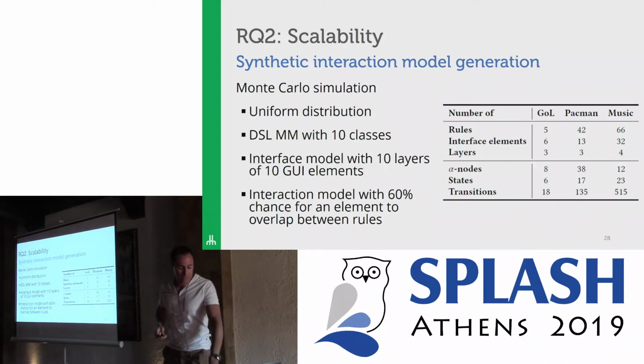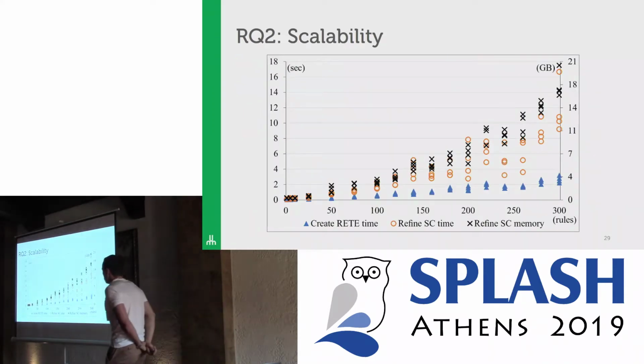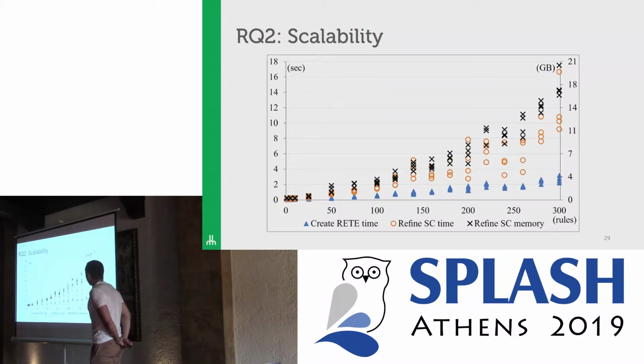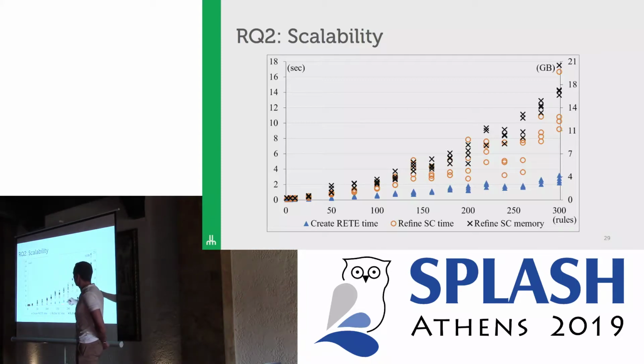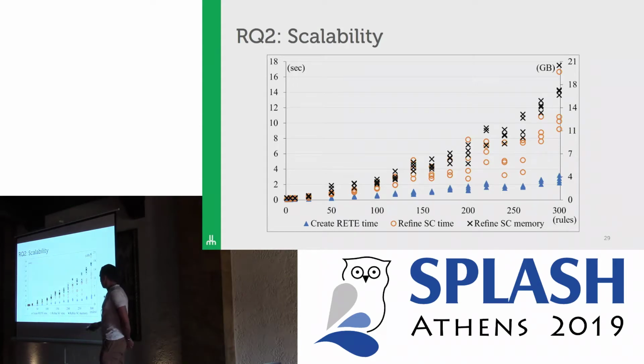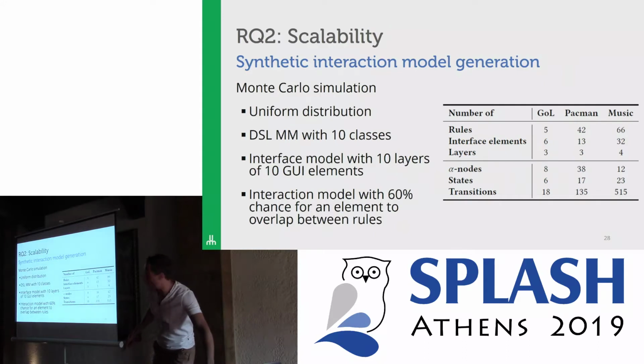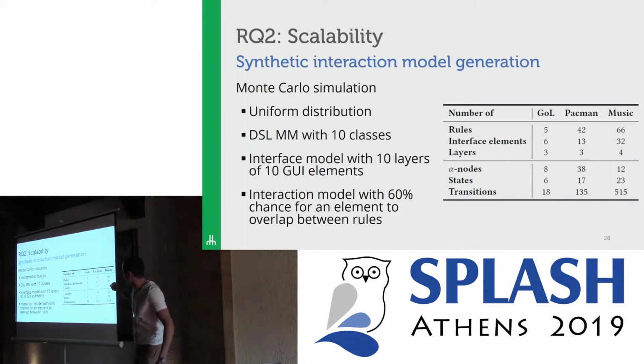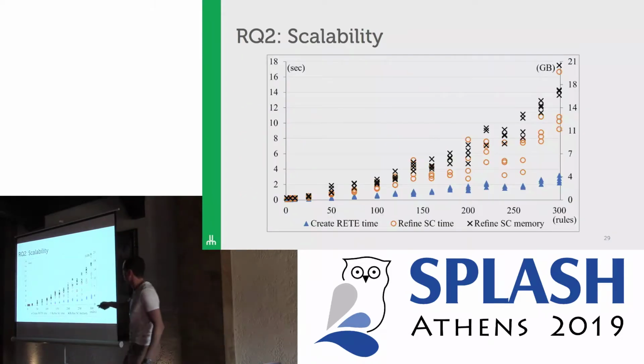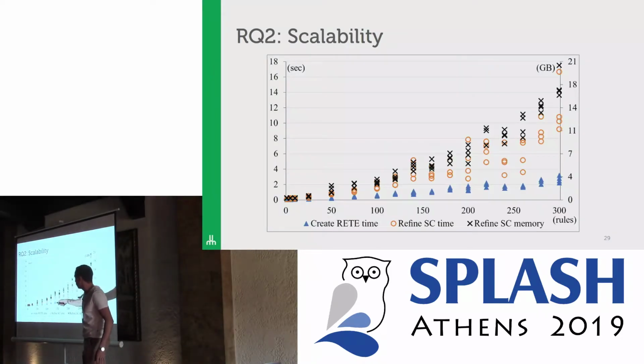We ran a lot of experiments, and basically what we see is that the creation of the RETE network is very quick. Even at 300 rules, it takes less than 3 seconds. The ones we actually did by hand were in the order of 4, 5, 40, 60, so nothing more than 100 rules, so it runs pretty quick.